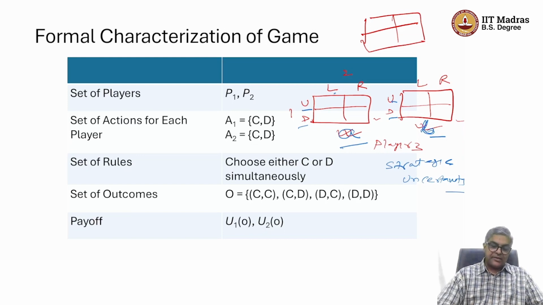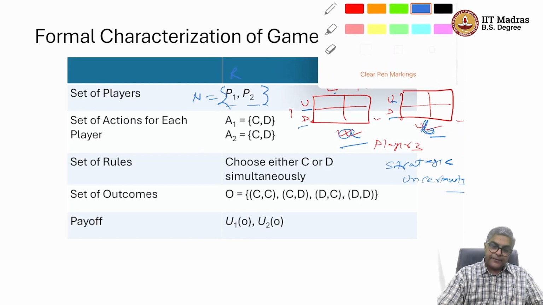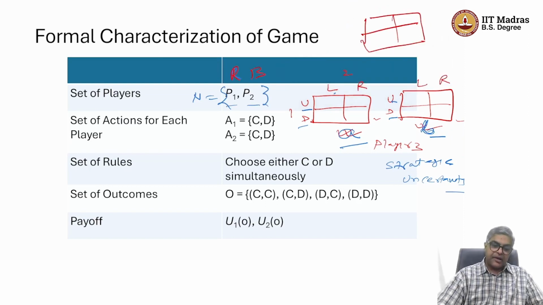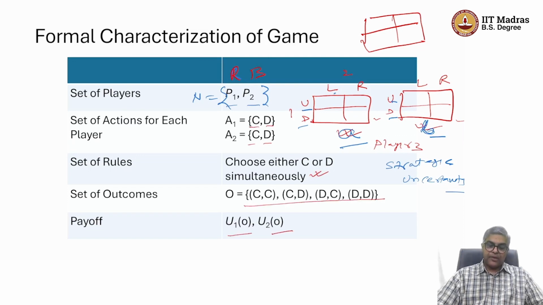We can list the set of players, that is P1 and P2; for the prisoner's dilemma this is Ranga and this is Billa. Then the set of actions for each player, because there are only 2, so we will have C comma D for player 1, C comma D for player 2. The rule is that they choose simultaneously, these are the set of outcomes, and the payoff we have already discussed. So, this is another formal way of describing the game.